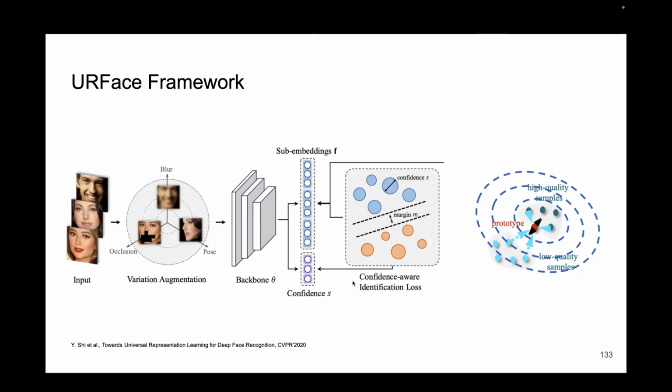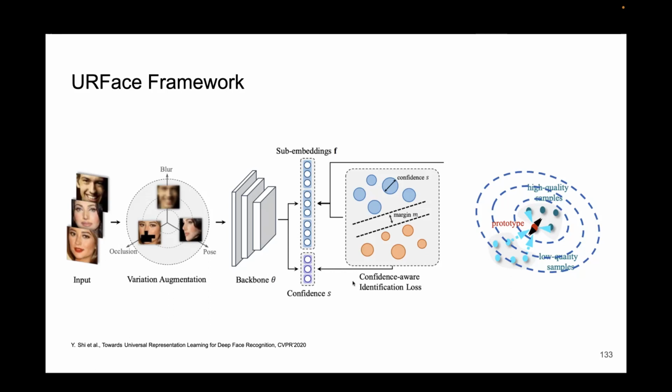The more confident ones are denoted by larger circles, while the smaller ones indicate uncertain, very poor quality face input images. If we equally treat the importance of all those samples, naturally we will encounter a biased model estimate.